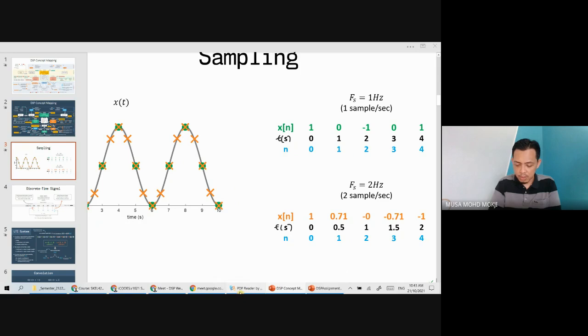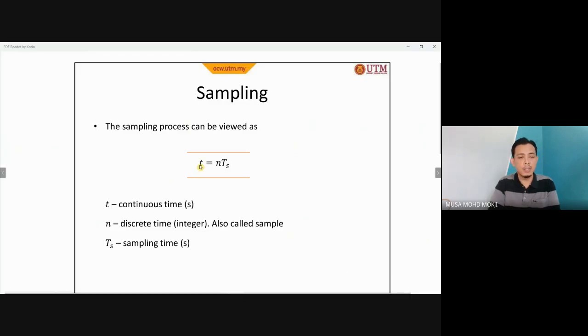But what is the relationship? The relationship is that T, the time in continuous, equals nTs. Ts is the sampling time. What is the sampling time? Ts equals 1 over Fs, our sampling frequency. So if Fs equals 2 Hertz, then your Ts will be simply 0.5 second. It means that you're going to take a sample every 0.5 second. So that is Ts.